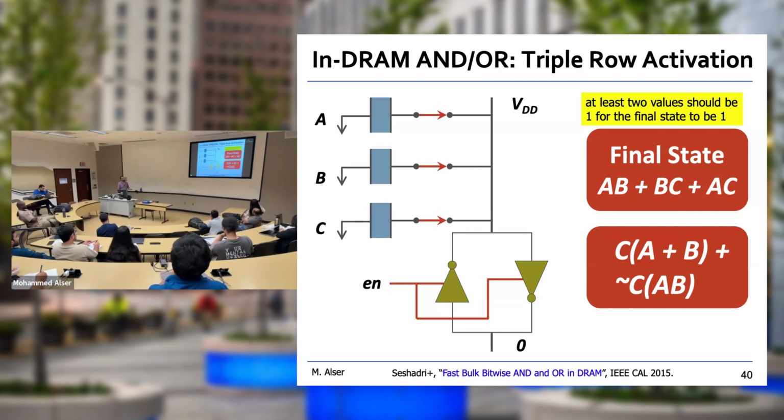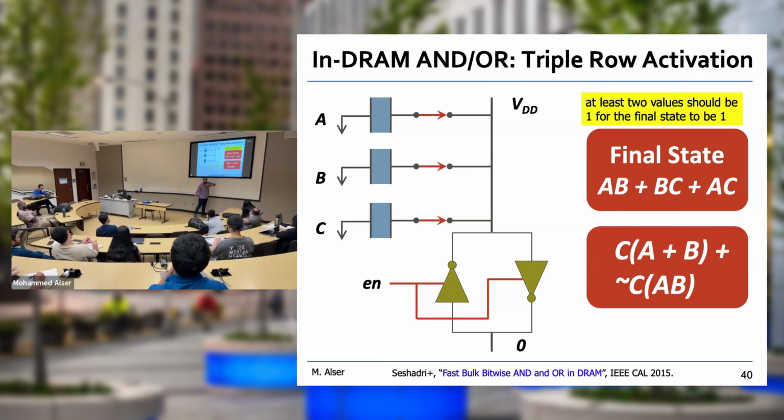All right. Now, how can we realize AND from this equation? It's already there, right? What do I need to do to activate this A times B? I need to make C bar a 1, right?